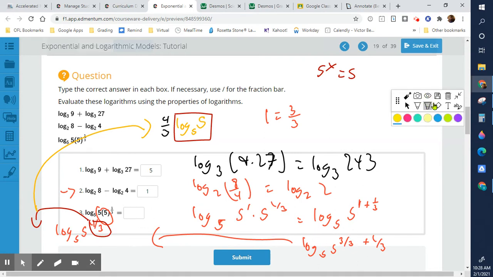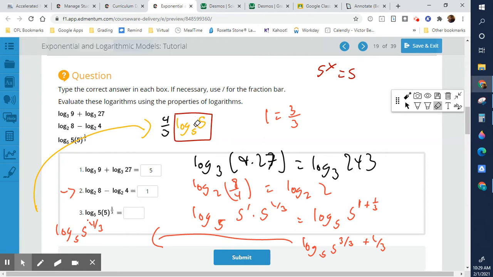Let me do some erasing here. Oh, that's not an eraser. There we go. So these two added together give you the 4 over 3. The next step is you can take that exponent and put it in the front.